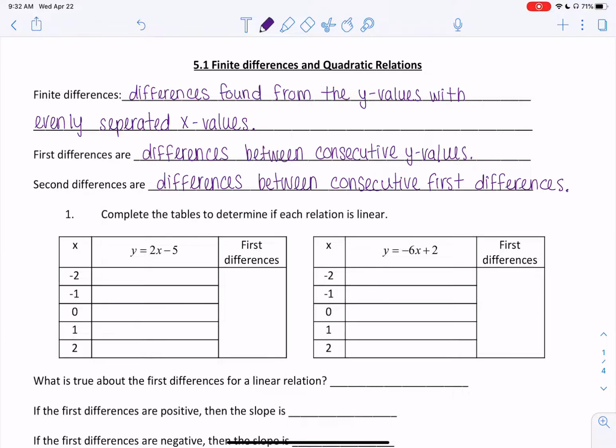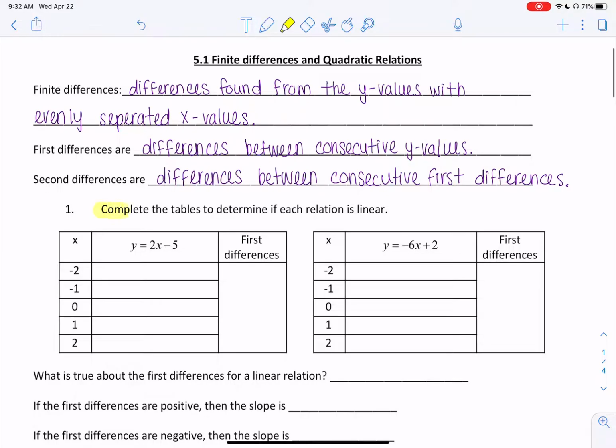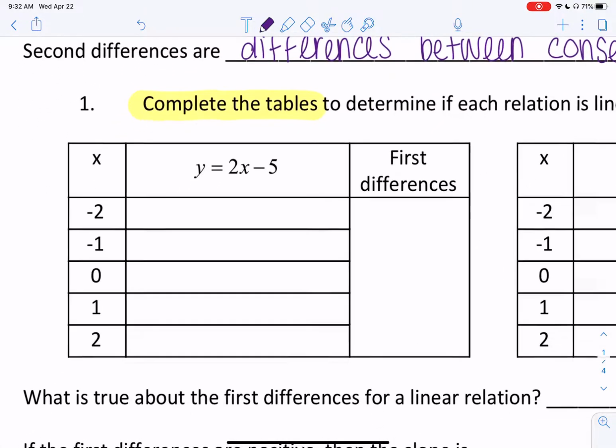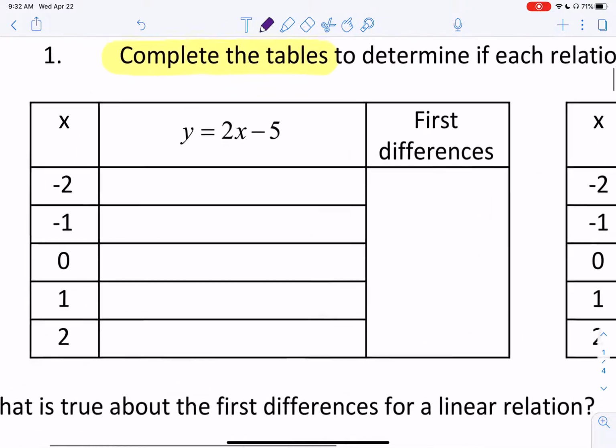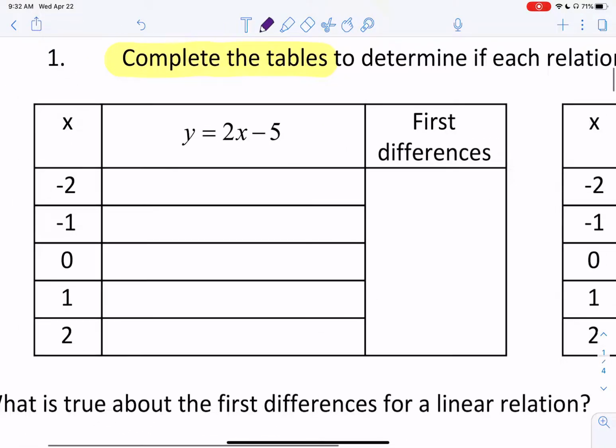So the first thing we're going to do is complete these tables to determine if each relation is linear. So we're going to start by completing the tables. And we haven't done this in a while, so it's going to be a little bit of a review from grade 9.